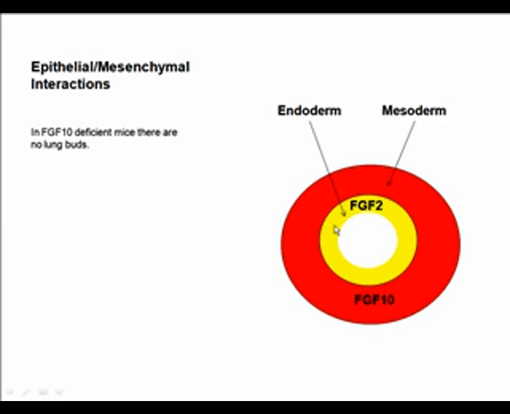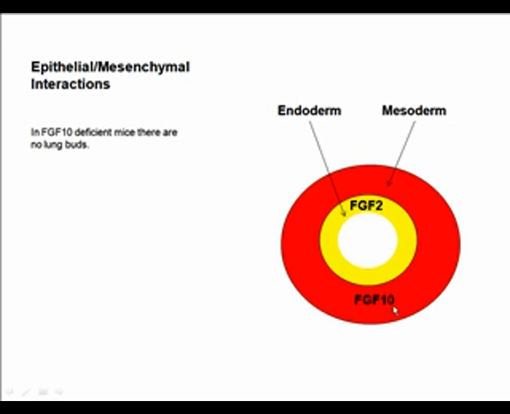Once again, we see that there are epithelial mesenchymal interactions that are necessary for the development of the structure. Here we see the epithelium in yellow and the mesoderm in red, and one of the things that we can see are interactions between these two that are important for the development of the trachea.